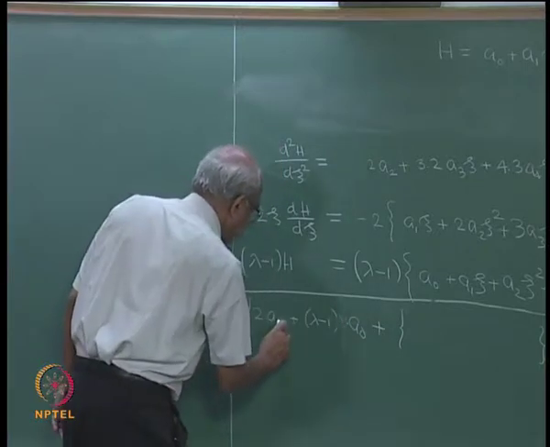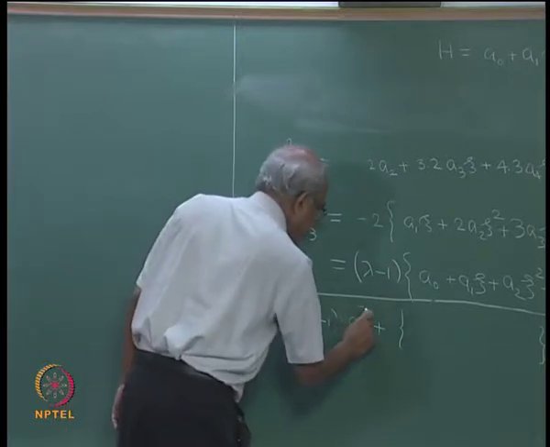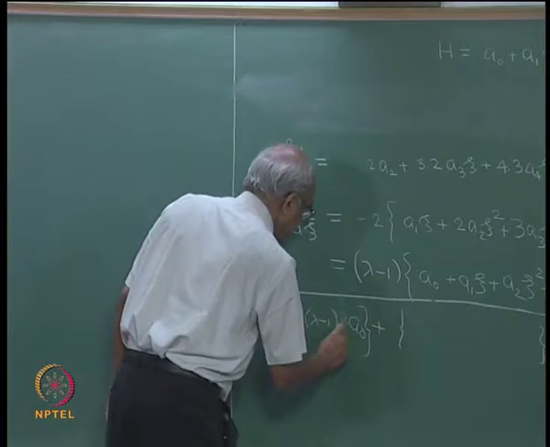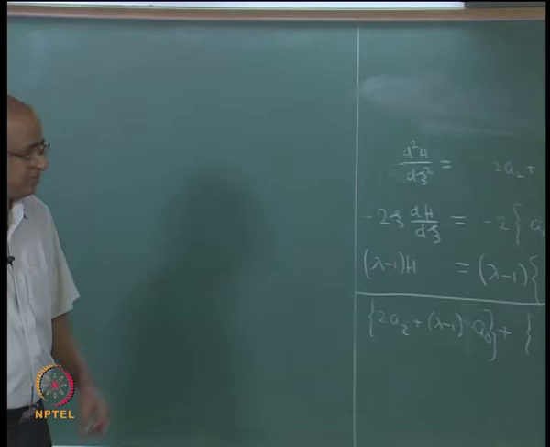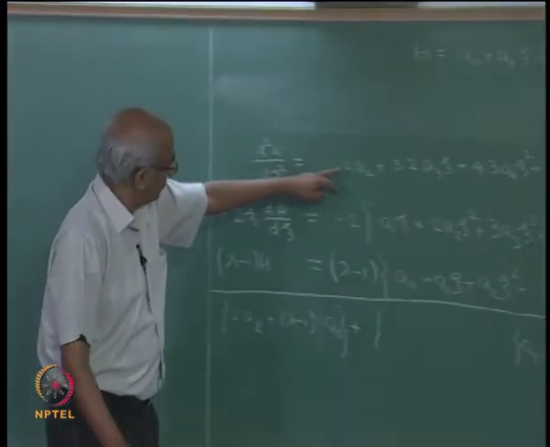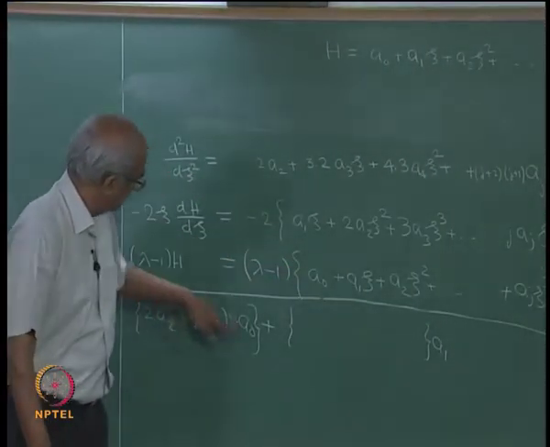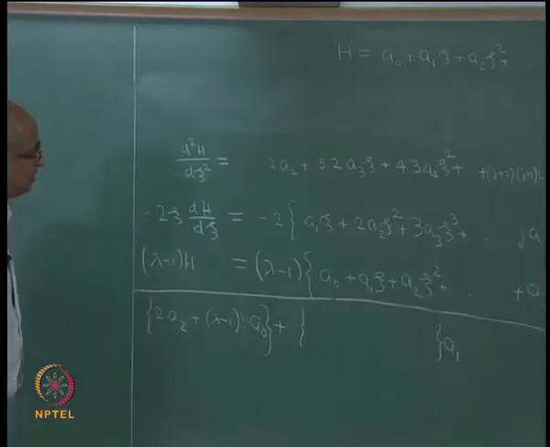So, please watch out, I do make mistakes. It is actually 2a2, I have taken 2a2 from here and lambda minus 1 into a0. So, that is fine.